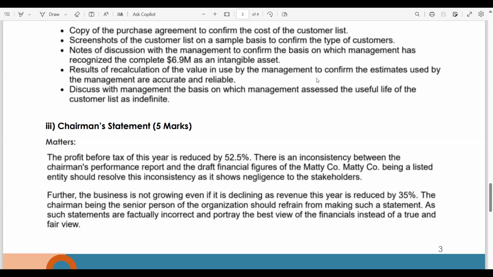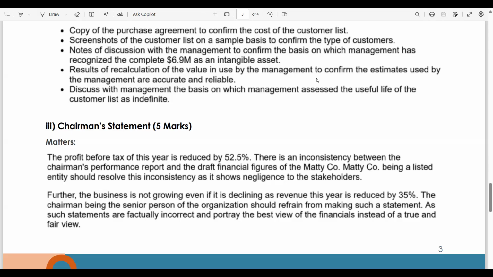Furthermore, the business is not growing, it is declining, as revenue this year is reduced by 35%. The chairman, being the senior person of the organization, should refrain from making such a statement, as such statements are factually incorrect and portray the best view of the financials instead of a true and fair view.